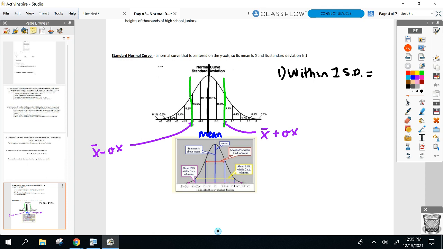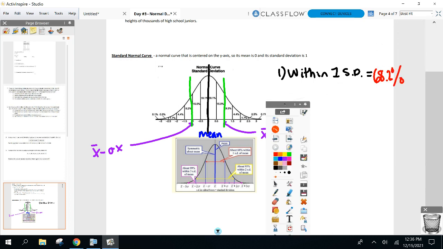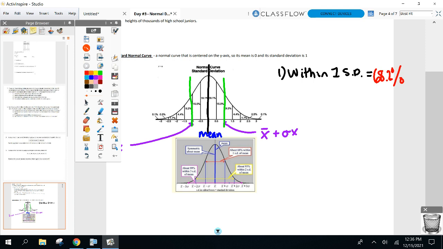What are we adding up here? The percents that are within 1 standard deviation. So negative 1 to 1. That means within 1. 68.2%. Yes, 68.2%. Please remember, that number is going to come up a couple times today. 68.2% must be within 1.